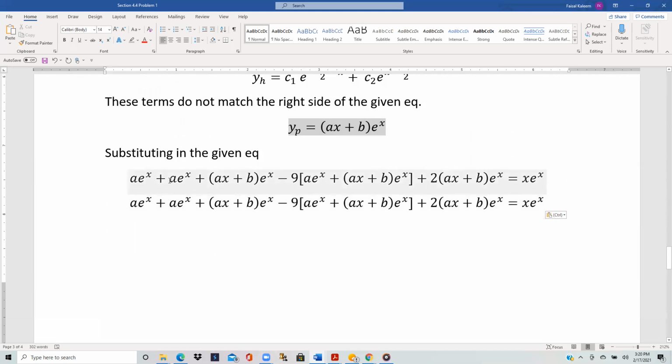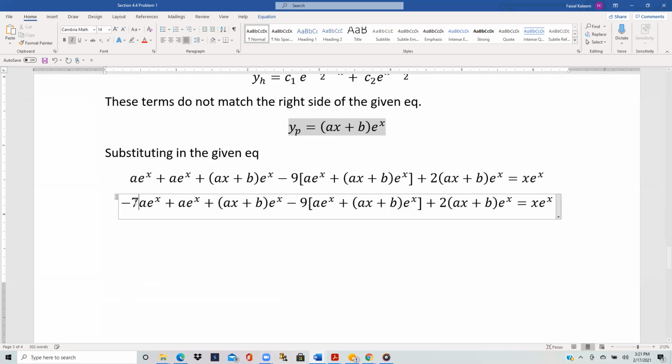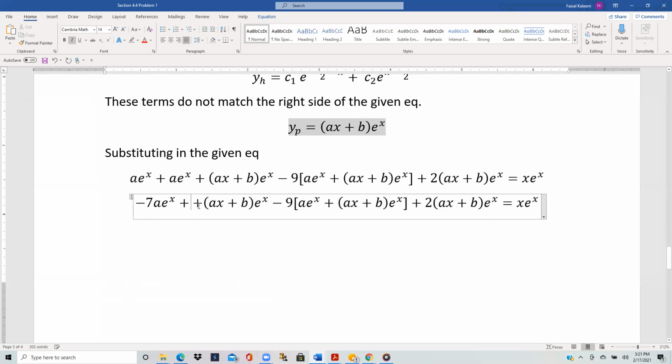So let's see if I have another. I have a minus 9 aex, so 2 minus 9 is negative 7. And that's it. So negative 7 aex. This one I've already added in. And negative 9 aex, I've taken care of that.